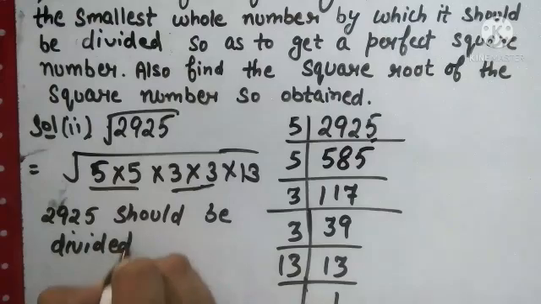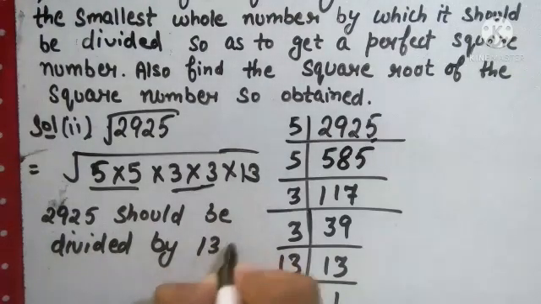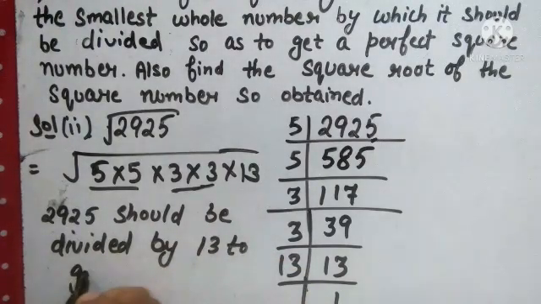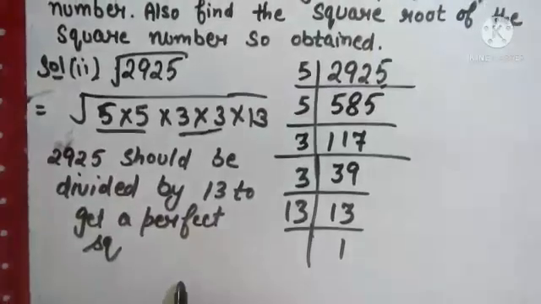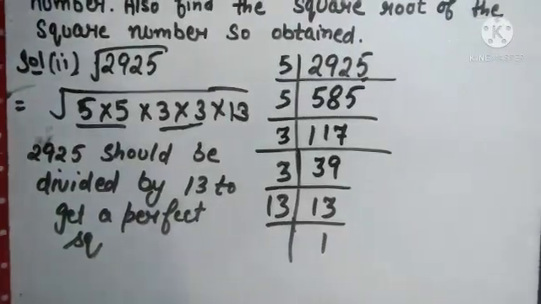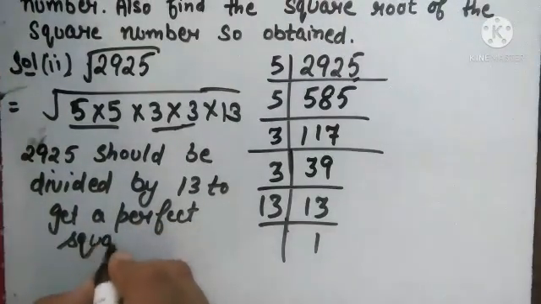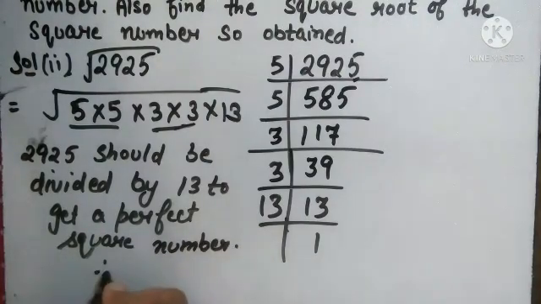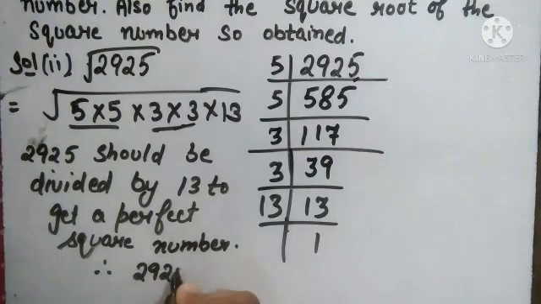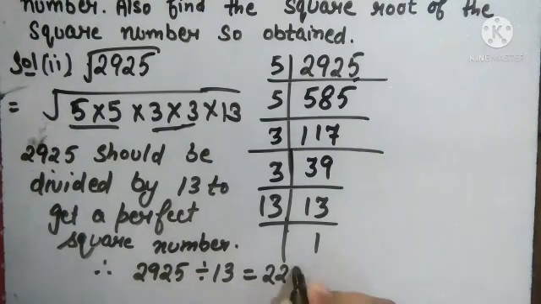It can be divided by 13 to get a perfect square number. Therefore 2925, when we divide by 13, the quotient will be 225. You can do this division in the rough work also.